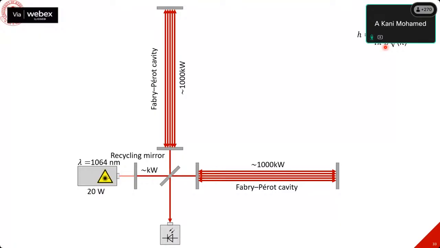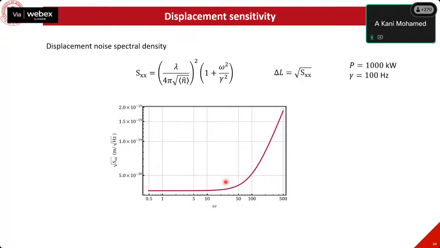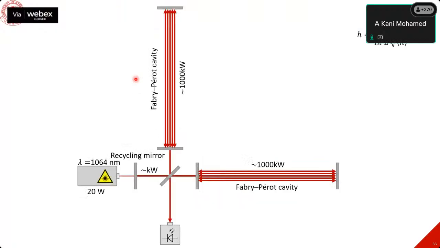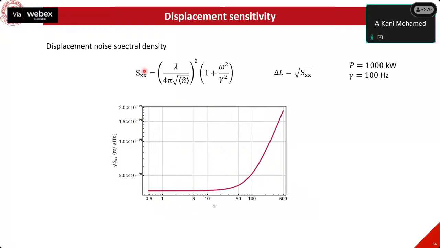So let's try now. This is not a simple Michelson interferometer. Now we placed a cavity. So now the sensitivity is going to get altered because this cavity itself has some resonance frequency. So the displacement sensitivity becomes frequency dependent.